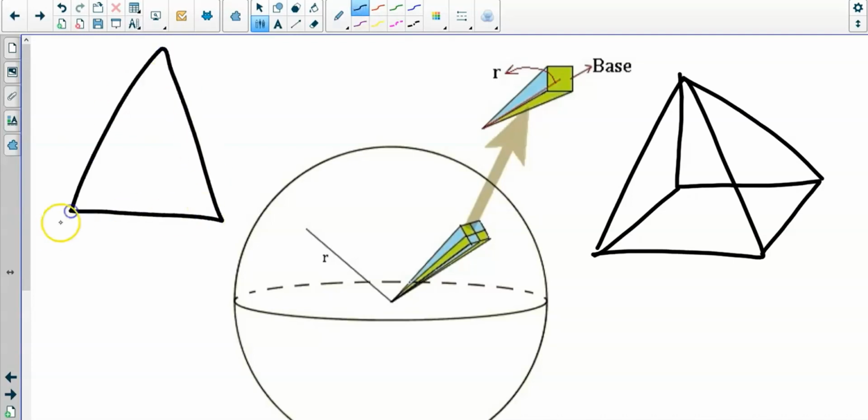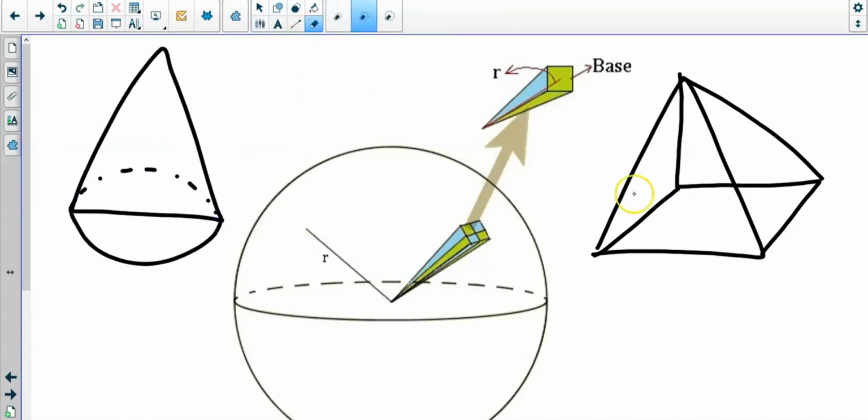Let me backtrack for a second. Anything that is dotted means that it is behind the shape. You can't really see it. So technically, these guys over here should actually be dotted, because technically we can't see those lines. Okay, because that's behind the shape. All right?